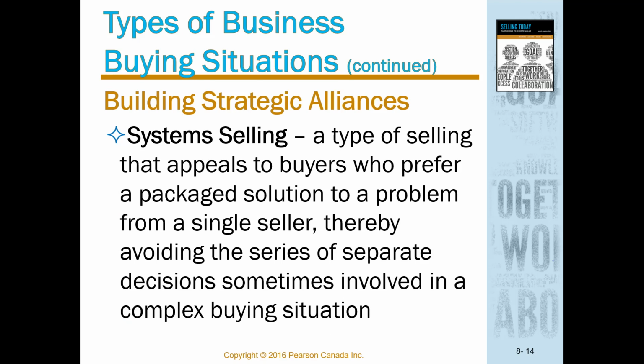Next one is systems selling. This is where we're building strategic alliances. So systems selling is a type of selling that appeals to buyers who prefer a packaged solution to a problem from a single seller. So in other words, in my past times, I would sell different products to one company and also align myself with other companies so they would receive almost like a one-stop shop.